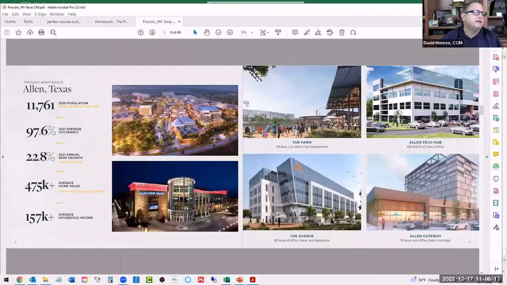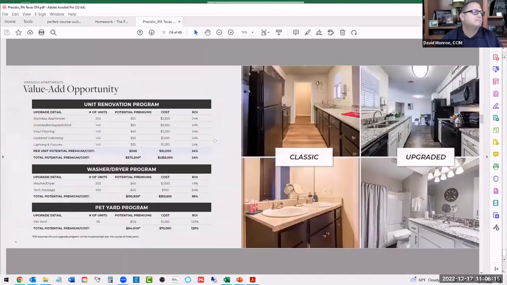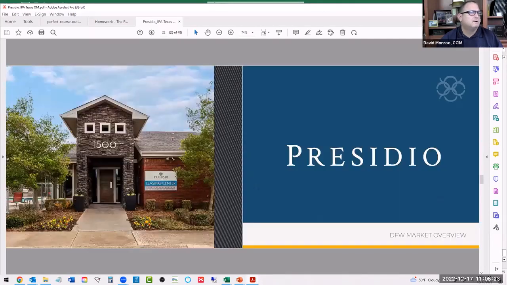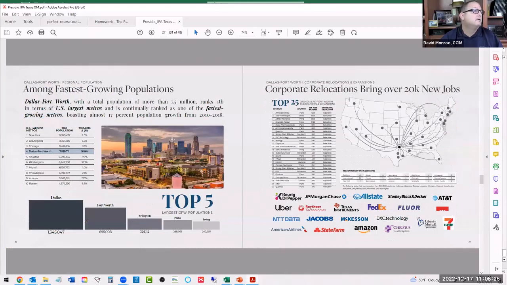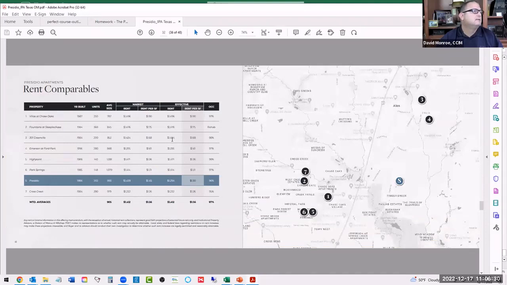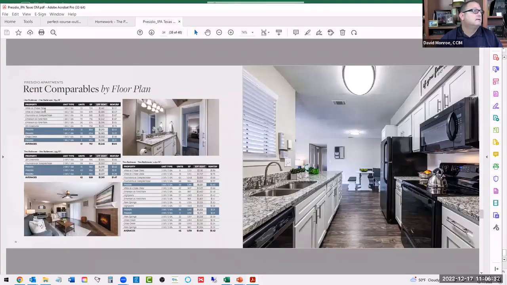Need to find the unit mix. That's the renovation. Market data. Comparables.